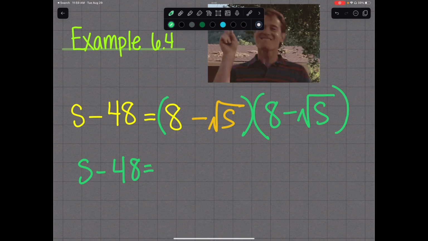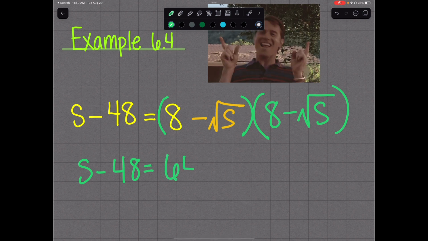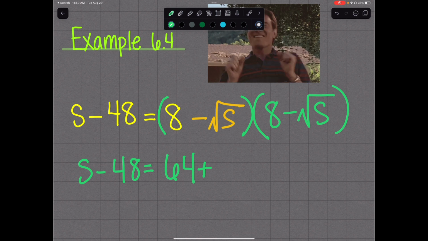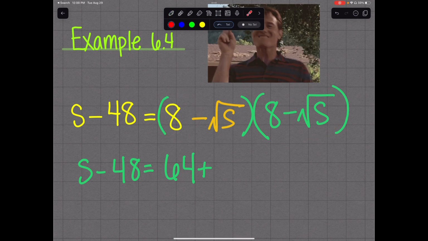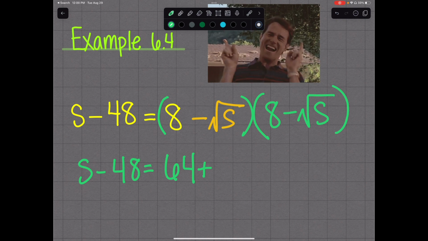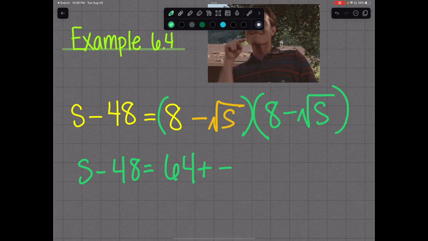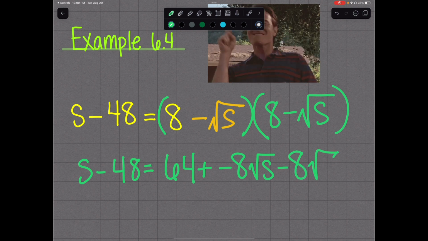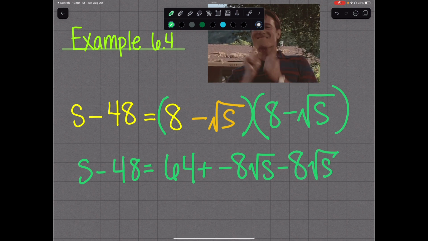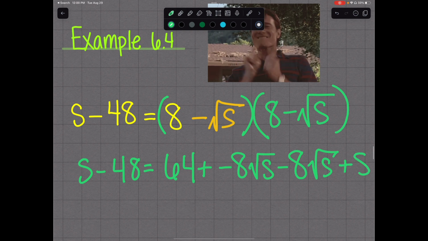If you FOIL it out, 8 times 8 is 64. Plus outside is going to be this 8 times square root s, and then it's going to be minus 8 square root s. That's the same as on the inside, minus 8 square root s. And then at the end, it's just going to be plus s. Why is it plus s?